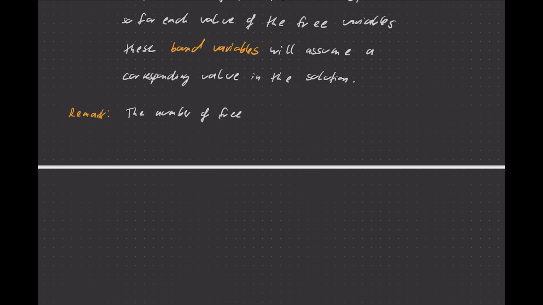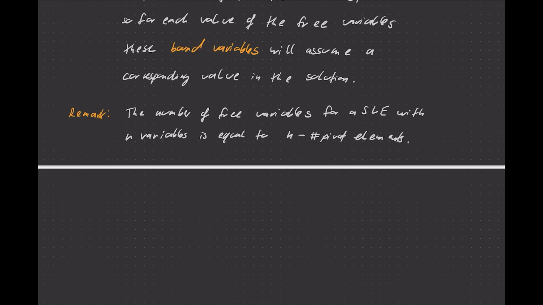So the number of free variables for a system of linear equations with n variables in total is equal to n minus the number of pivot elements. What I mean by this symbol here is the number of.